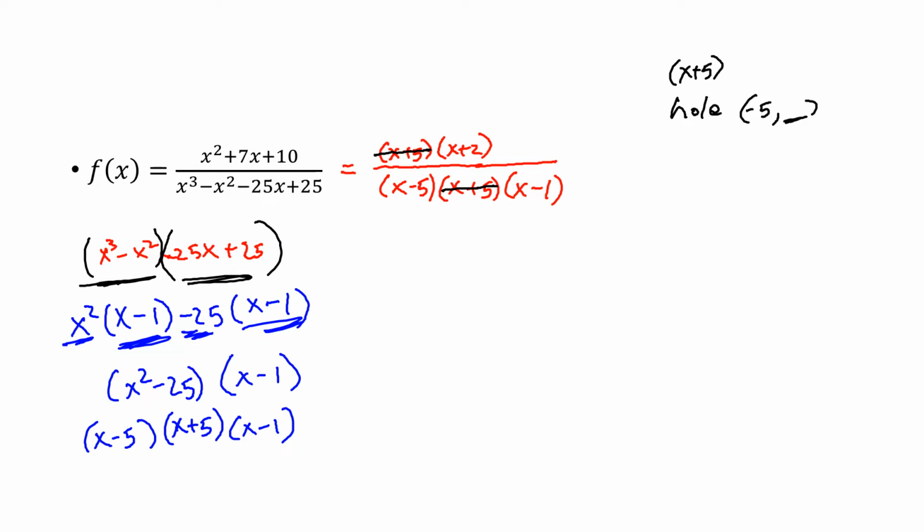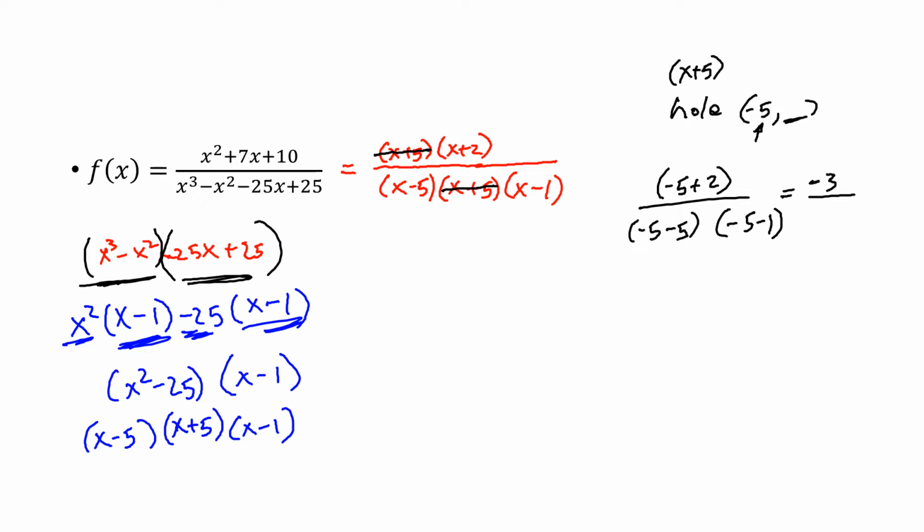So we'll find the y value by substituting it back into our remaining function. If we take this negative 5 and put it back, we'll have negative 5 plus 2 over negative 5 minus 5 times negative 5 minus 1. In the numerator, negative 5 plus 2 will be negative 3.